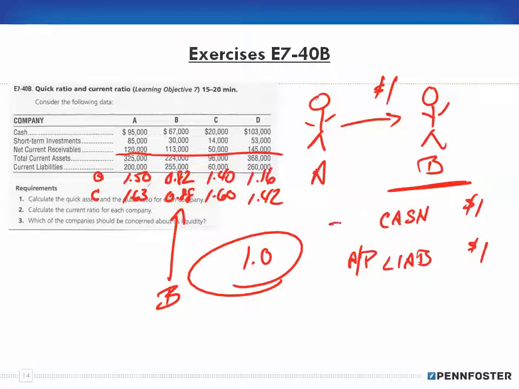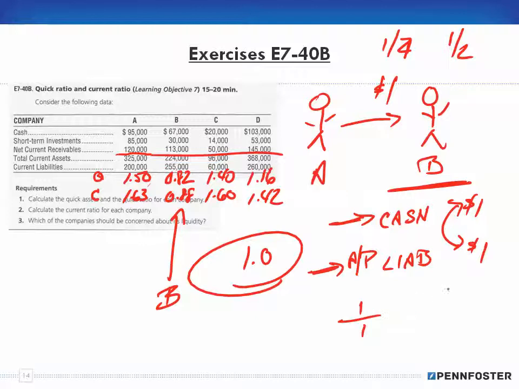And notice that the cash is a current asset and your accounts payable is a current liability. So it's a one-to-one kind of thing, meaning, if this happened on January 1st, and person B doesn't spend the money, okay, then the very next day, on January 2nd, they're able to pay the $1 back because they still have the $1 in cash and they owe the $1, so they're able to pay it off and they're good to go.